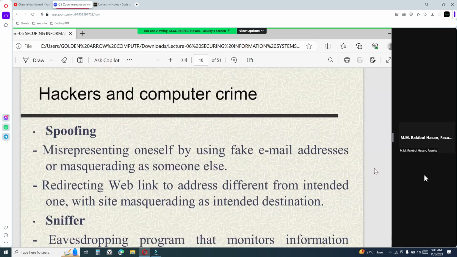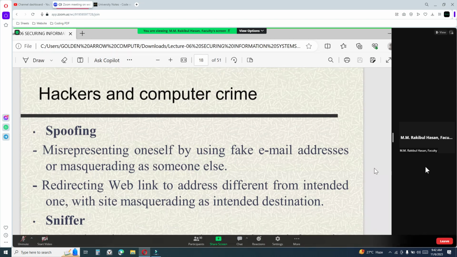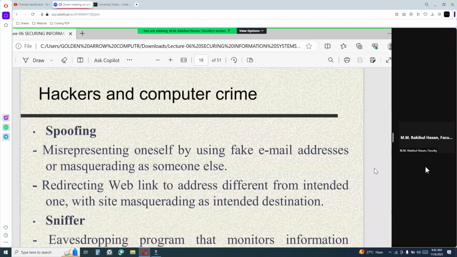So at first you can see spoofing. Spoofing means nothing but representing someone else to get confidential information of a user. Sometimes you may receive an email that says, congratulations, you win like $10,000.